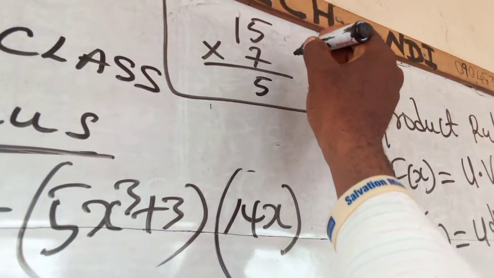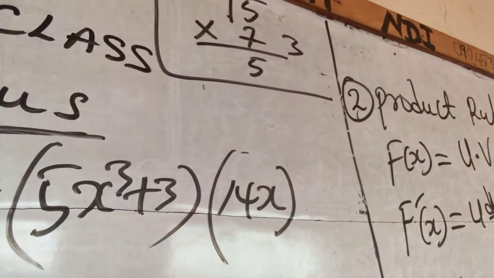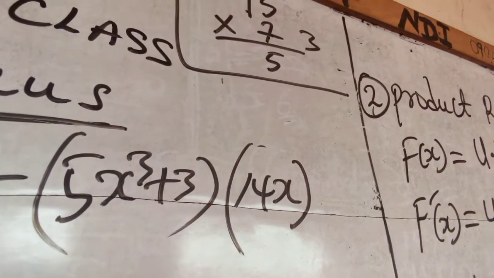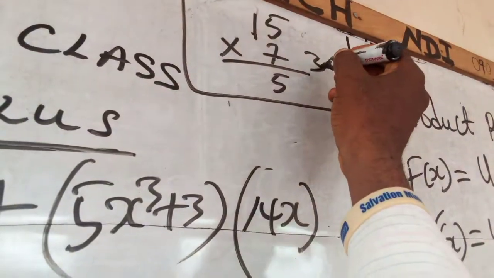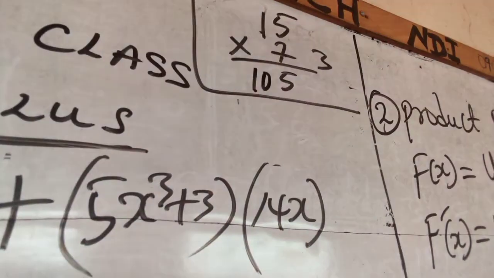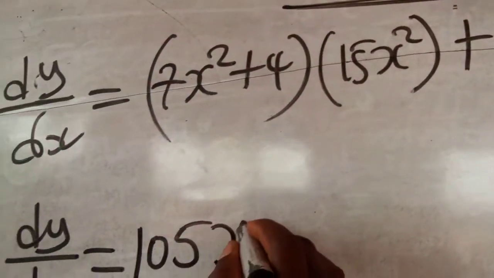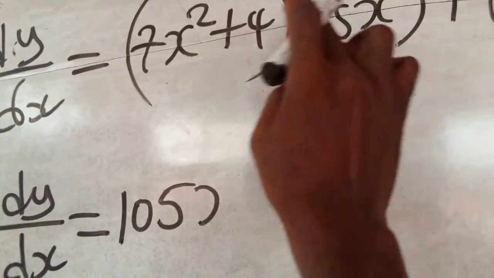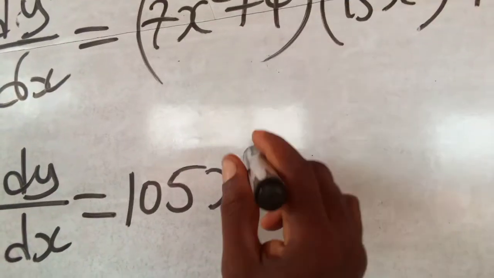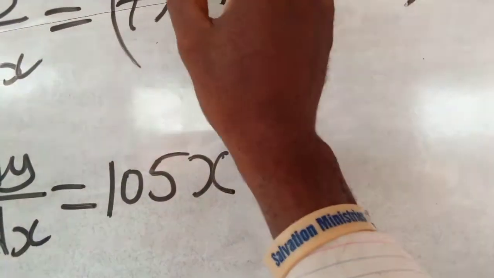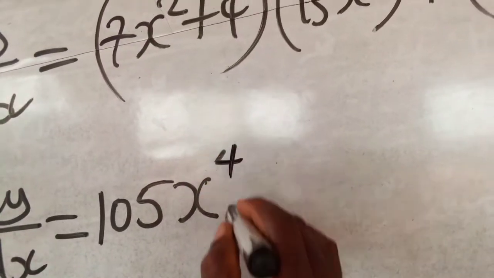You write 5, carry 3. 7 times 1 is 7 plus 3, 10. So you write 105. Now this one times this, you write one of the bases, you add their powers. 2 plus 2 is 4.